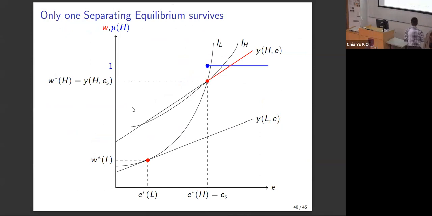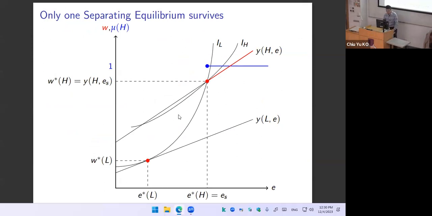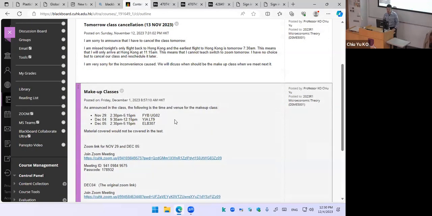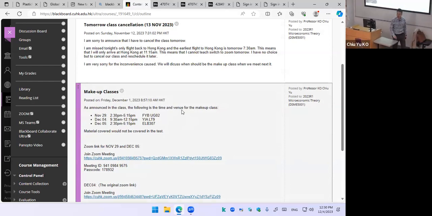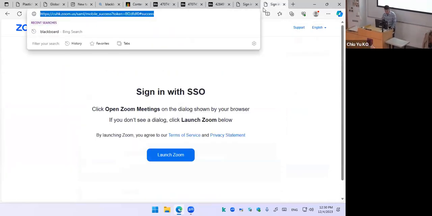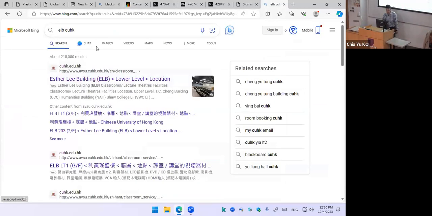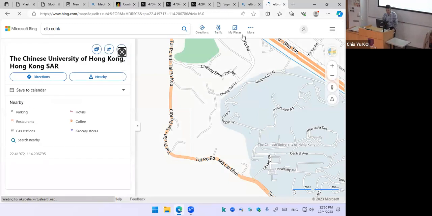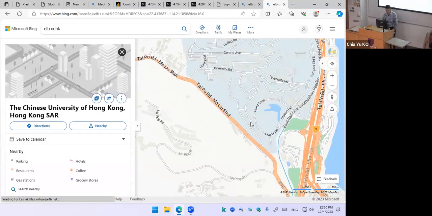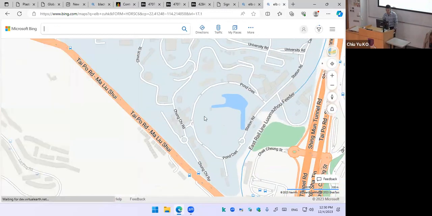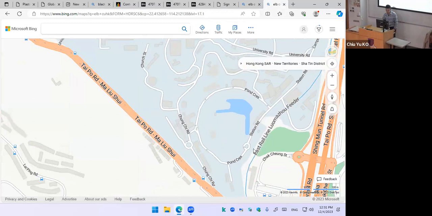Tomorrow is FYB. No, let me see. I forgot. Let me check. Tomorrow will be ELB. ELB is the econ department. So look at the map. This is the railway. You go to the bus in this way. You go to the other side, go up the hill.